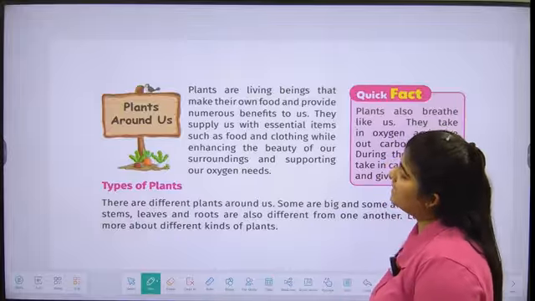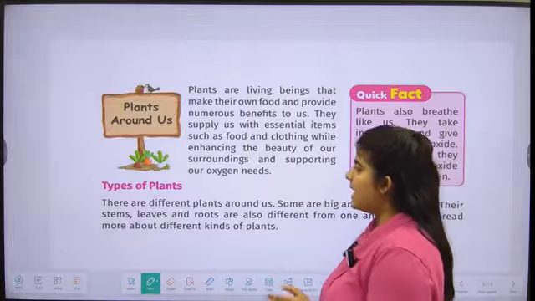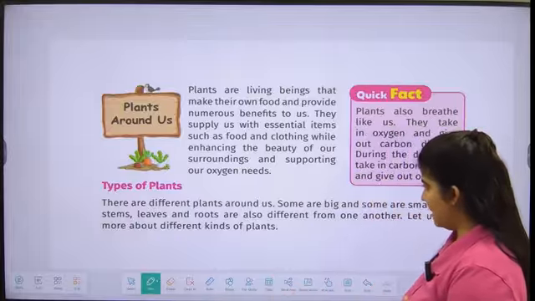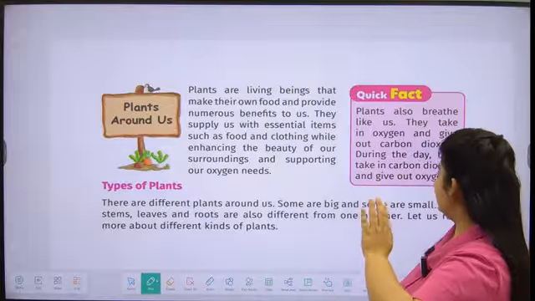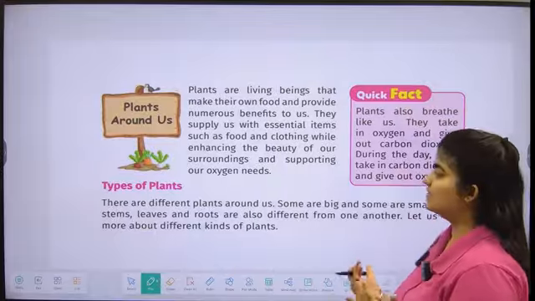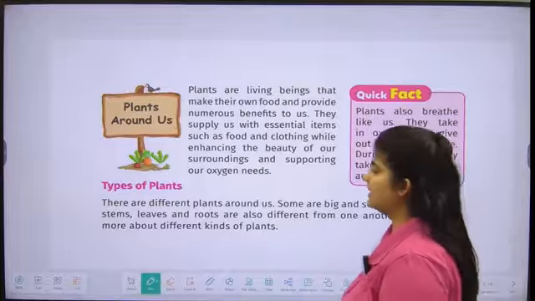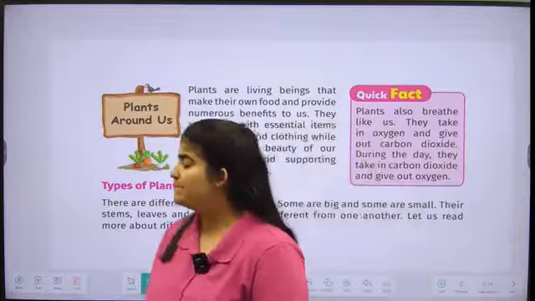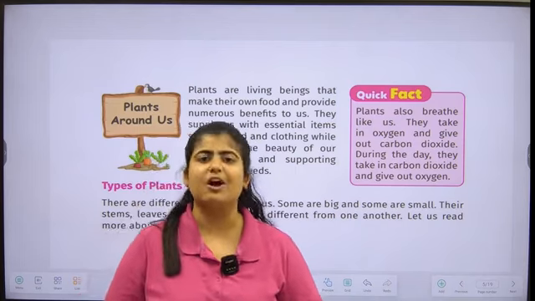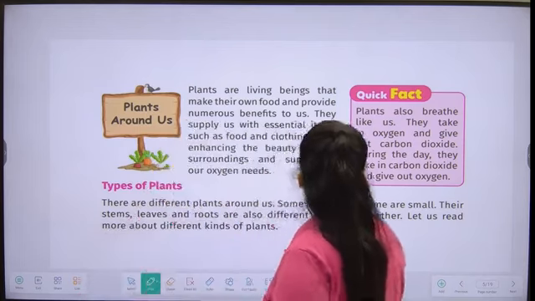There are different plants around us. Some are big, some are small. Their stems, leaves and roots are also different from one another. So let us read more about different types of plants.